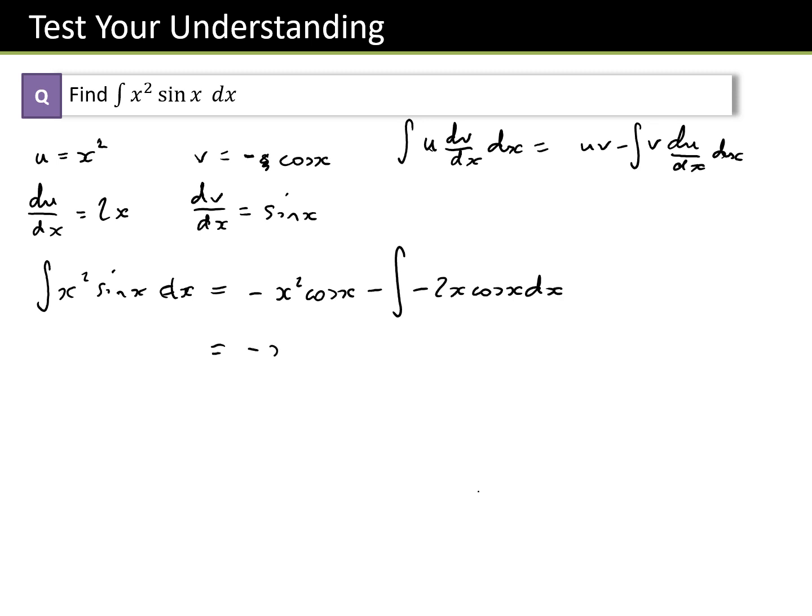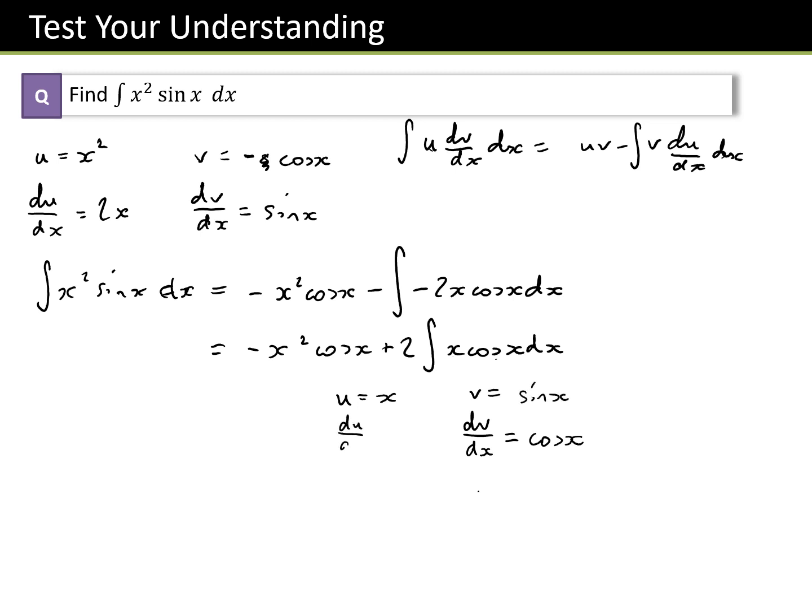This is equal to minus x squared cos x plus 2 lots of x cos x dx. Now we've got another integration by parts here, haven't we? It's two things multiplied together. So all over again, u equals, dv by dx equals. Which one are we going to differentiate? Well, it's going to be the x, because it'll disappear. So v is equal to sine x.